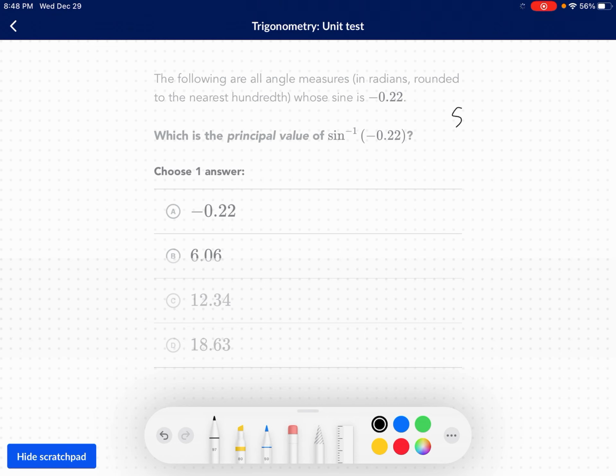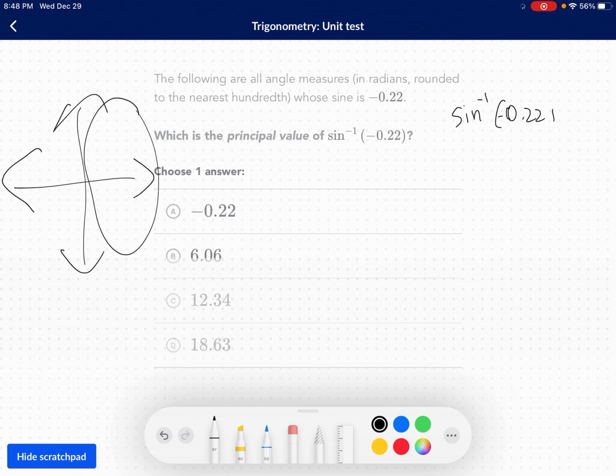What's the principal value of, okay. This is just what we just did, but it's just identity. So it's -0.22 plus 2 pi n. And oh, this is the principal value, so it has to be between, I think, these two quadrants, right? Let me think.